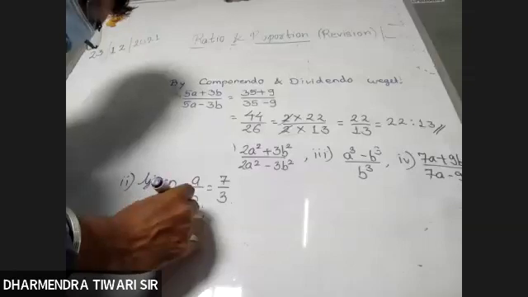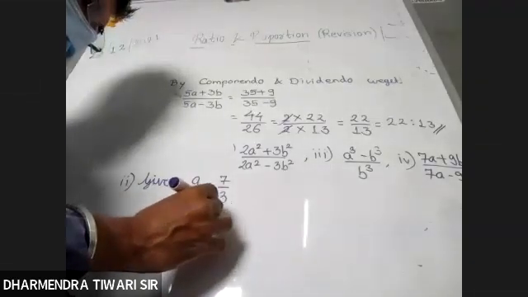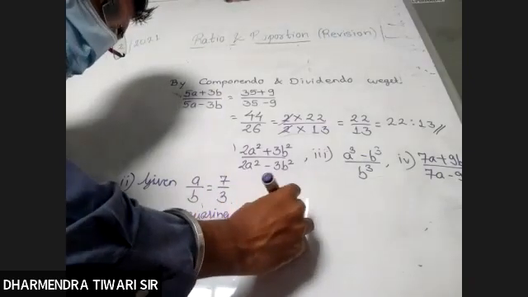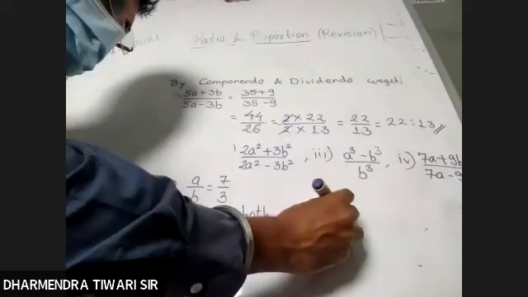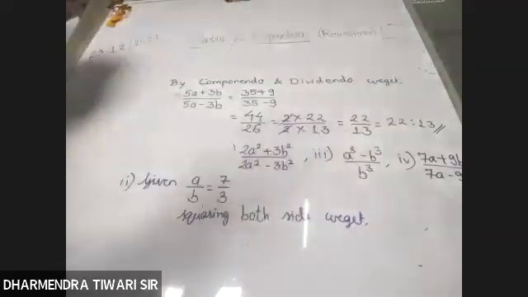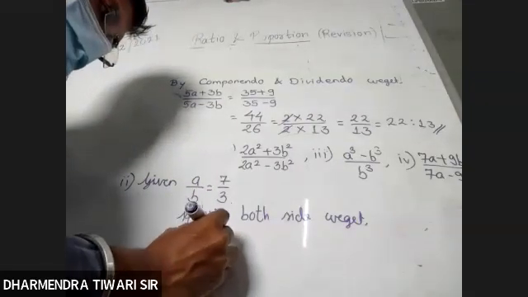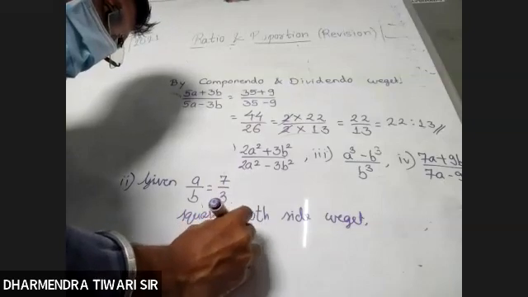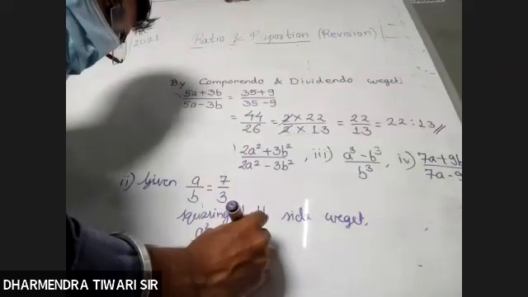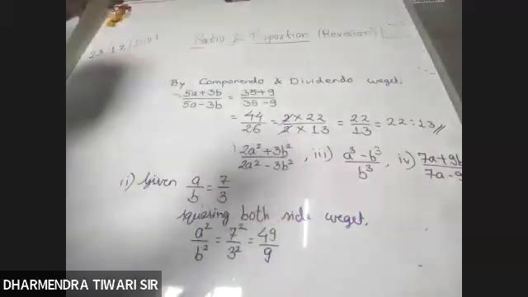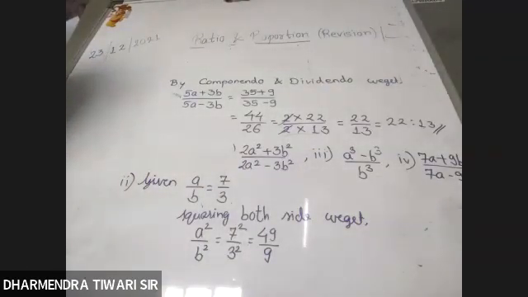So squaring both sides, we get a square upon b square is equal to 7 square upon 3 square. 7 square is 49 and 3 square is 9. So we get 49 upon 9.